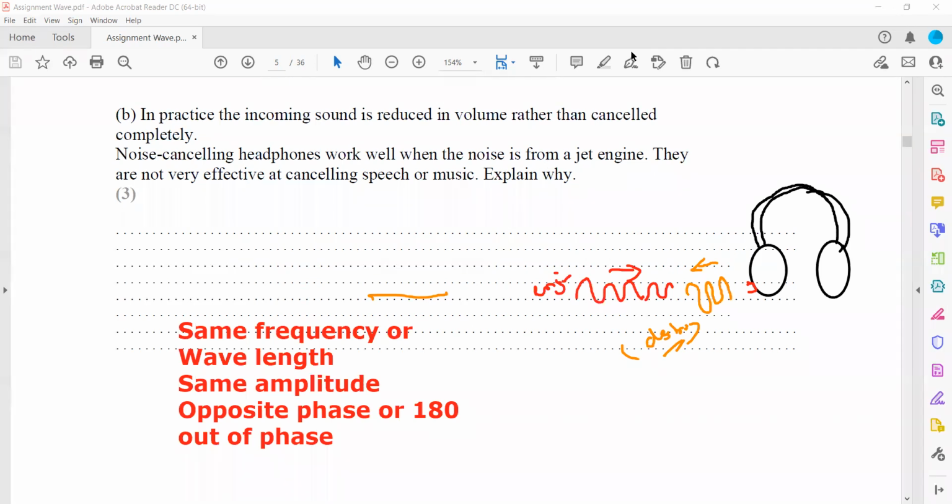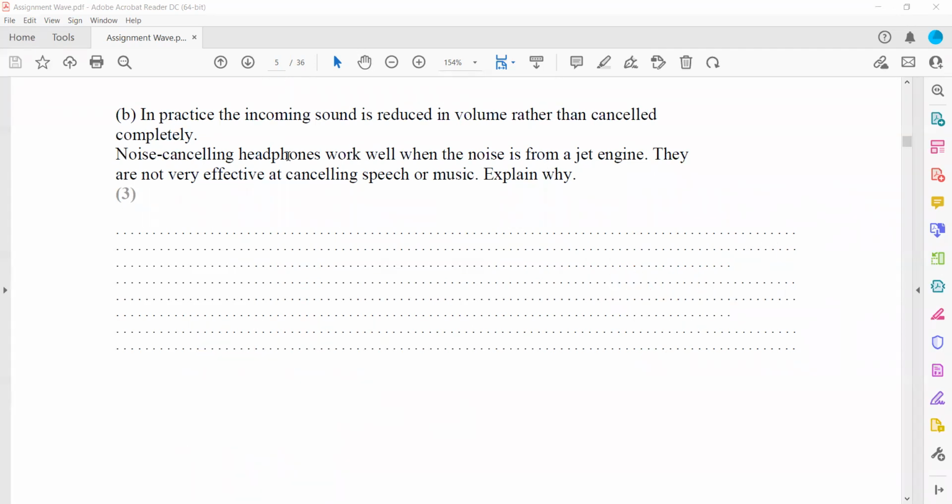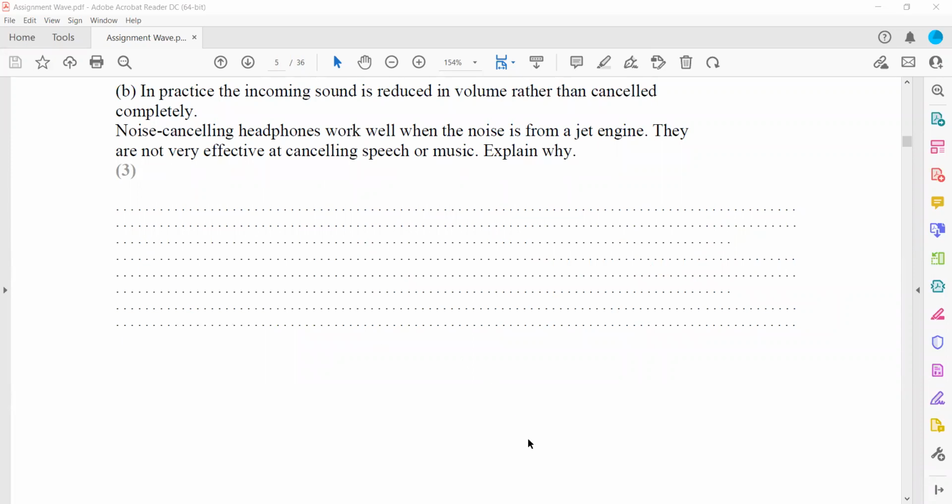So the reason is that the sound coming out from the engine has a constant frequency, but human speech does not have a constant frequency, a constant pitch, we can also say. So speech or sound waves or frequency will change for a human.